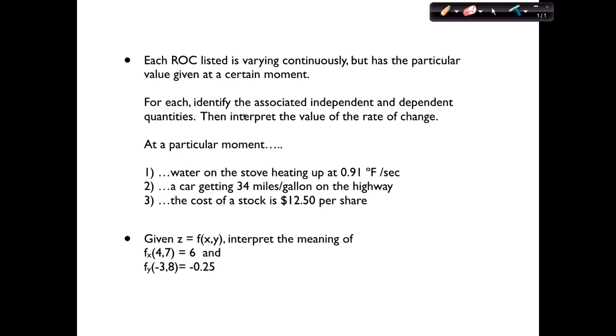Each rate of change is varying continuously, but has a particular given value at a certain moment. For each of these, I want you to first identify the associated independent variable and dependent variable, and then interpret the value of the rate of change the way we've been, with the full, broad meaning that we've been working on.